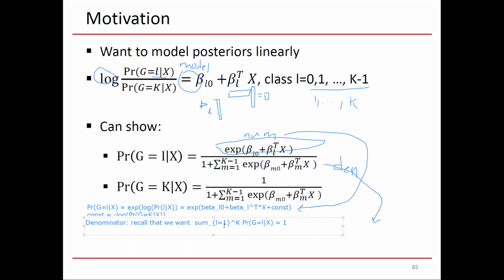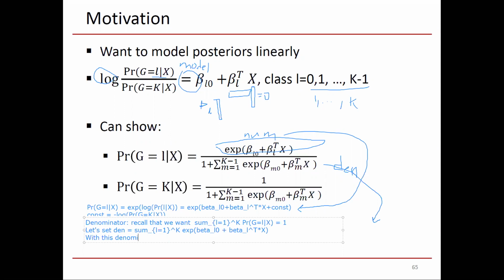So now let's set the denominator as a sum over L going from 1 to K, exponent of what we saw before, beta L0 plus beta L transpose times X.